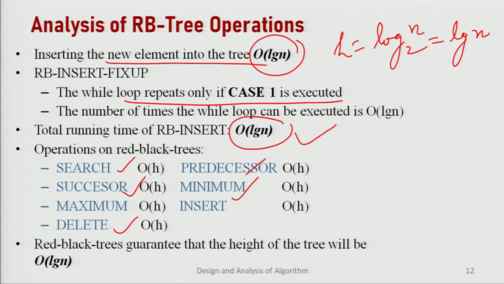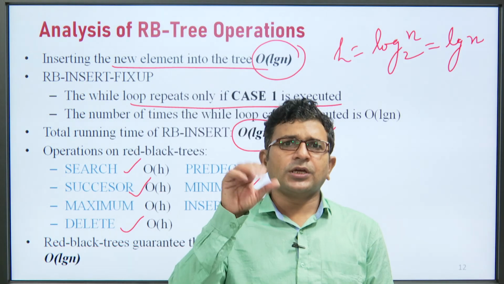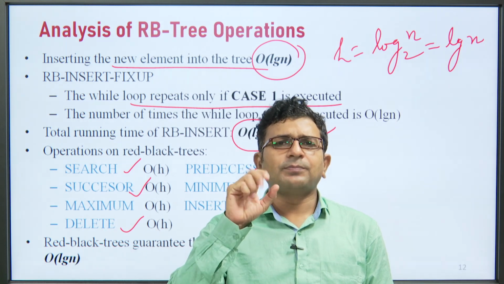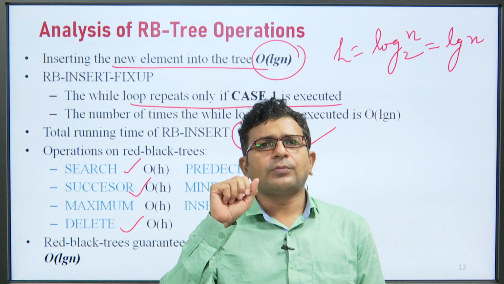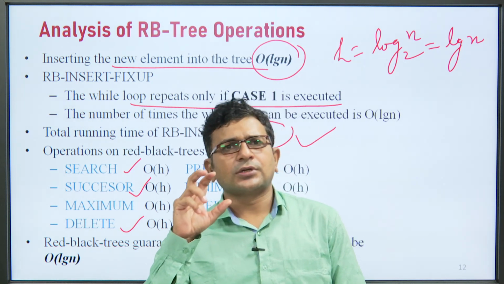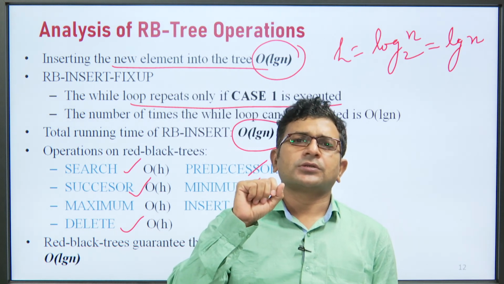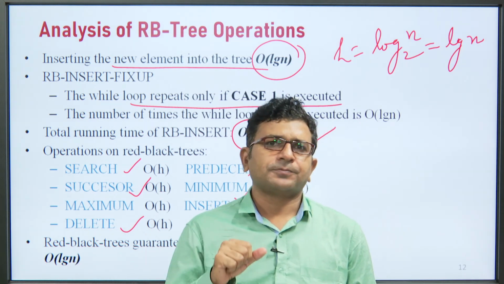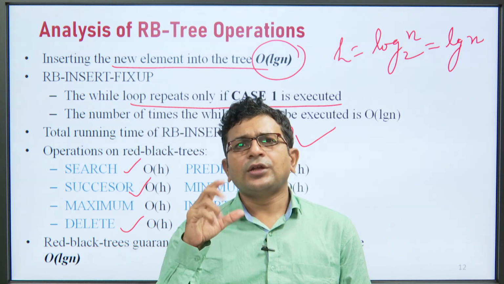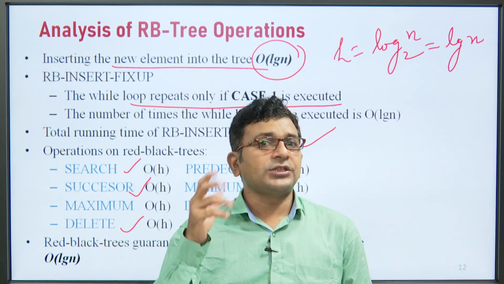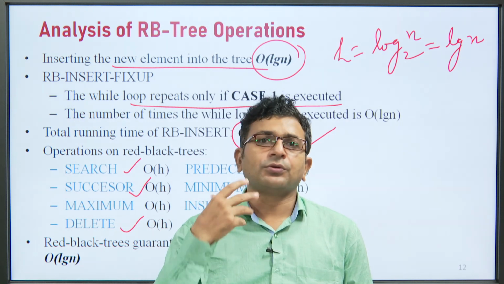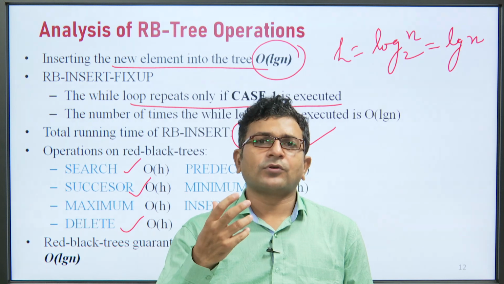Okay. Now, if we talk about the AVL tree, the AVL tree is much more balanced than the red black tree. But the problem with the AVL tree is that we need more rotations when we insert a new node and delete a node from an AVL tree.